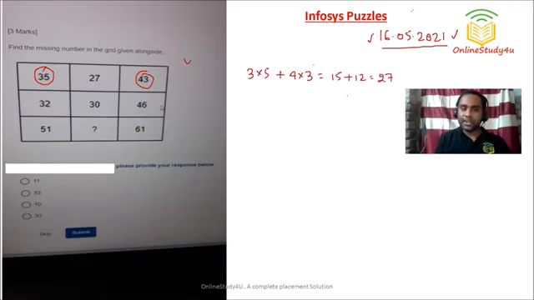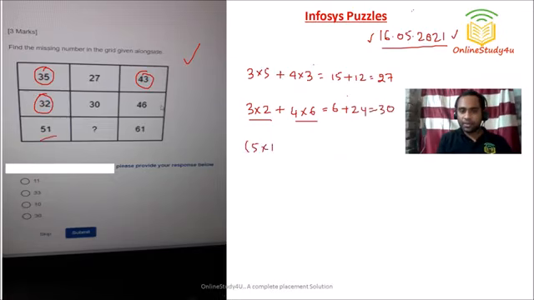Friends, only the puzzles were a little challenging in the Infosys exam, where you need to do some hit and trial to solve this question. So 3 into 2 plus 4 into 6. 3 into 2 will be 6 and 4 into 6 is 24. So 6 plus 24 will be equal to 30. This is the logic.